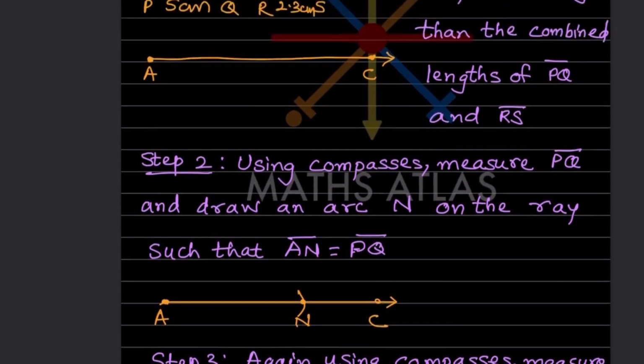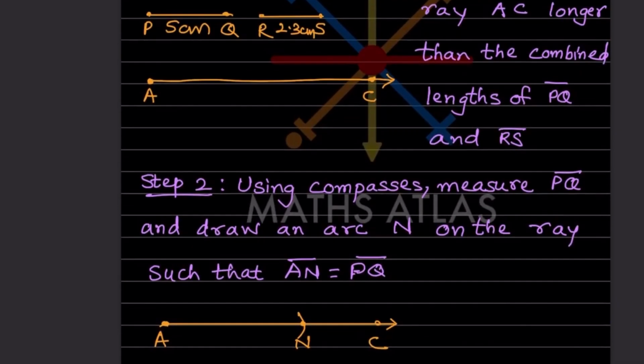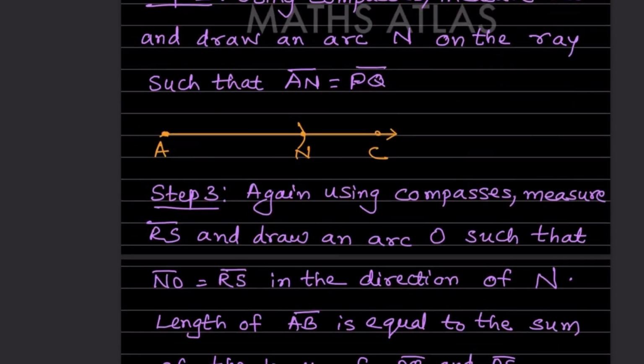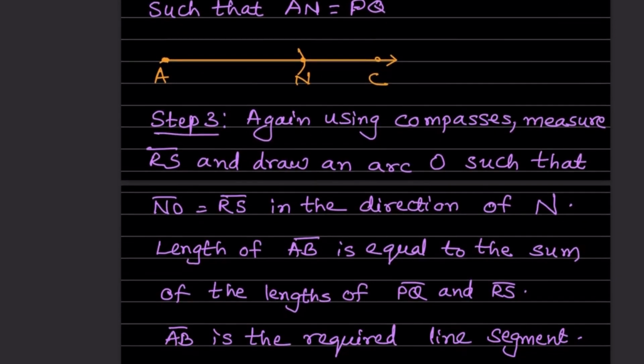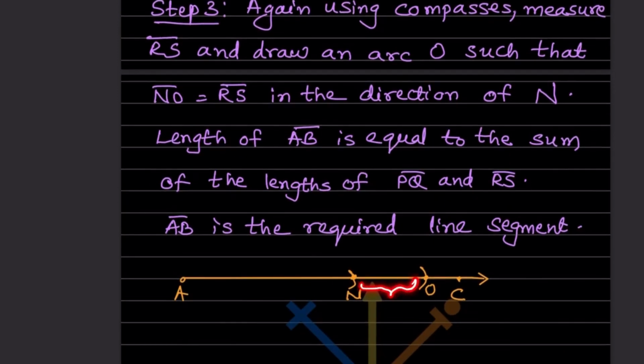Again using compasses, measure RS with the help of this, such that NO is equal to RS in the direction of N. So see here, this is NO. This will be 2.3.